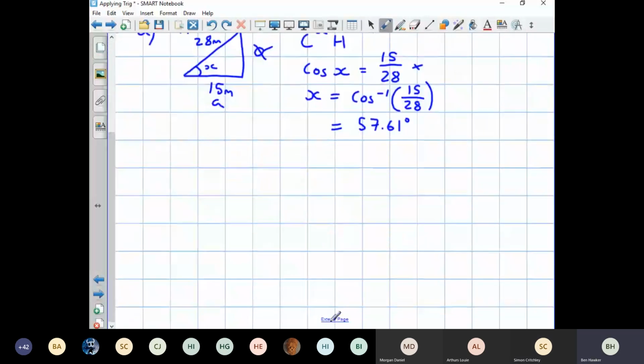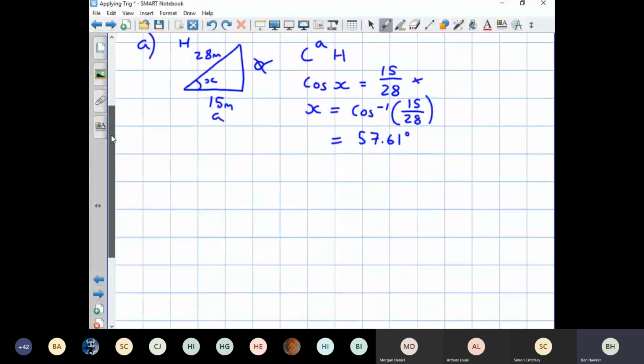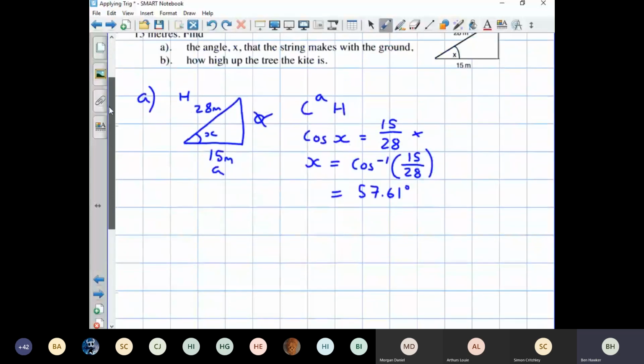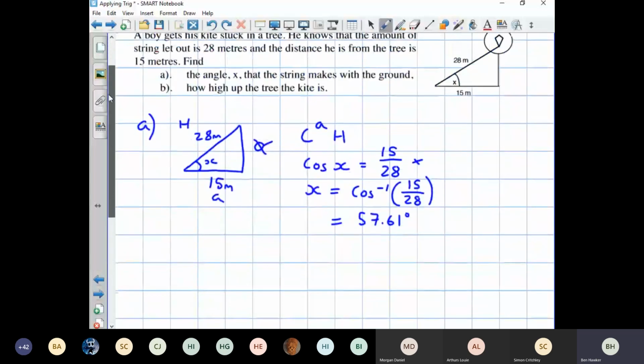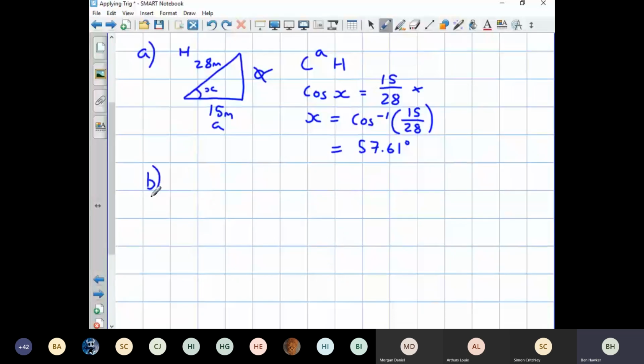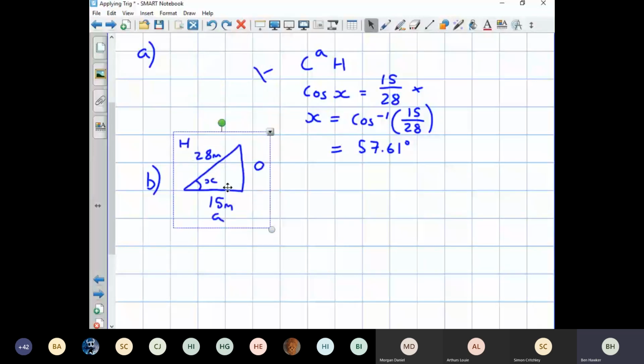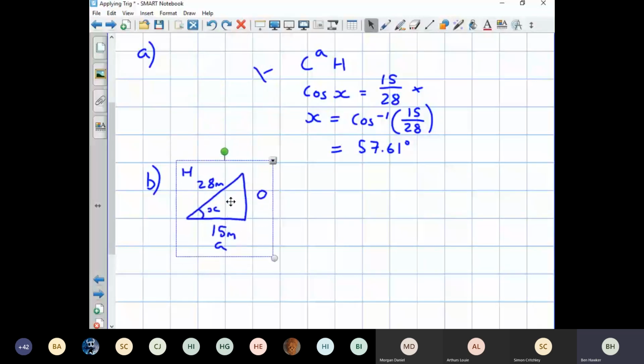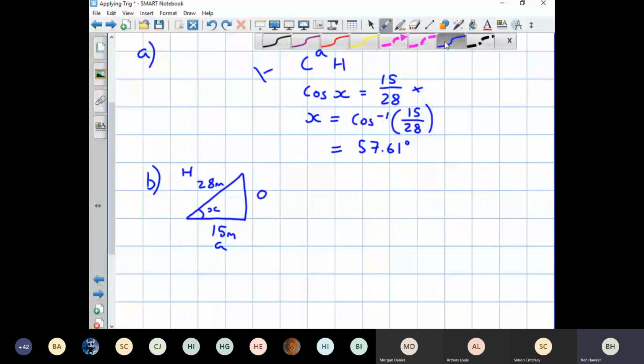Okay, and move on. So the next part of the question is how high up the tree the kite is. So we're looking really for the opposite this time.